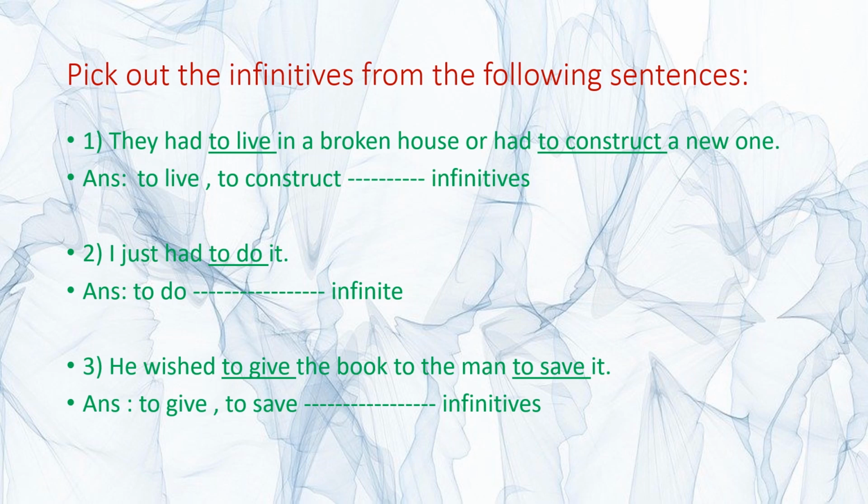So again, there are two infinitives, give and save. So to plus verb makes an infinitive. So to give and to save. So there are two infinitives in this, right? So I suppose as we are discussing these different types of questions, you are writing down the answers, or else you can pause the video or take a screenshot and keep it with you and do the practice later on.